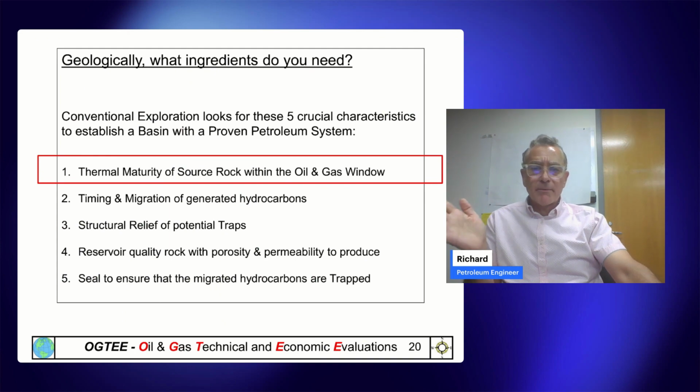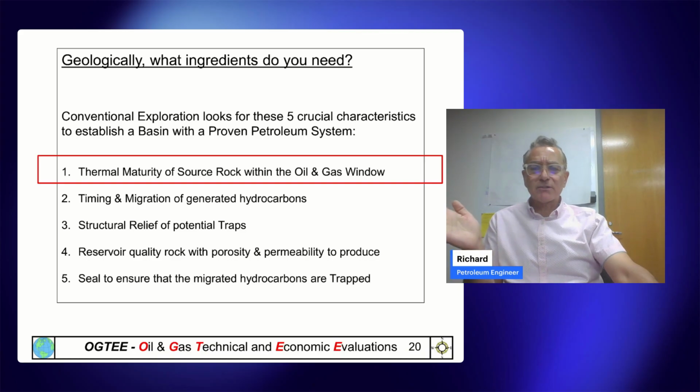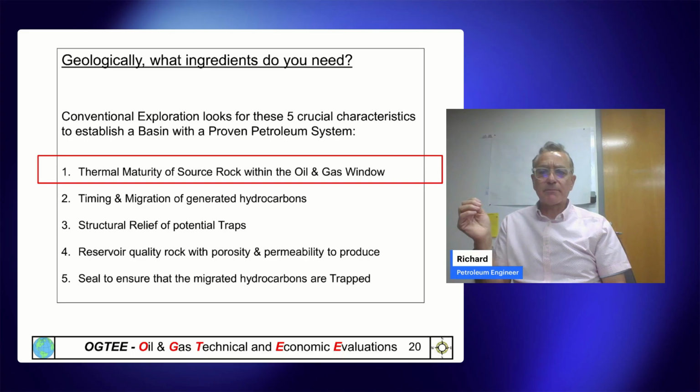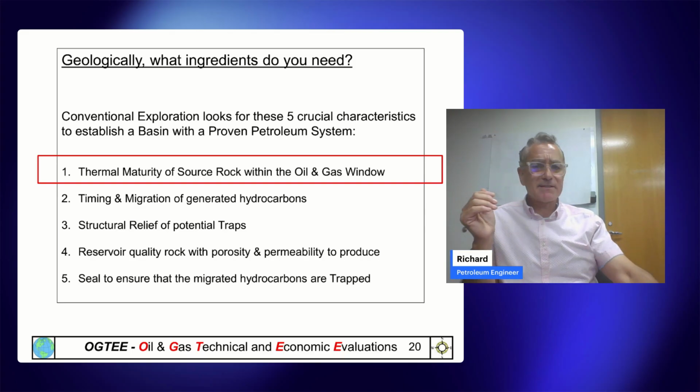Now, from a conventional standpoint, exploration looks for 5 crucial characteristics to establish a basin within a proven petroleum hydrocarbon system. On a professional basis, I've worked everything from production engineer, drilling and completions, including wildcat exploration in the deepwater Gulf of Mexico and other parts of the arena.